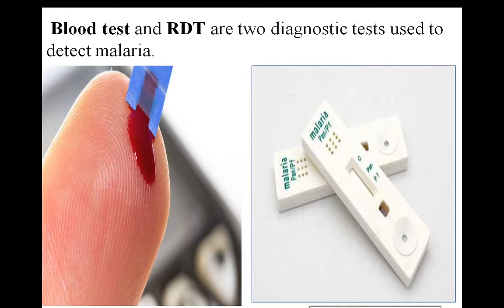So your doctor will inquire or ask you about this visiting. Then your health history, then your family history will also be asked. Okay, so blood test and RDT are the 2 diagnostic tests used to detect malaria. Okay, so you can see here, this is a blood test and this is a RDT, that is rapid diagnostic test.